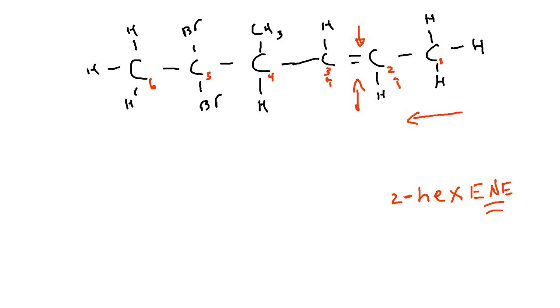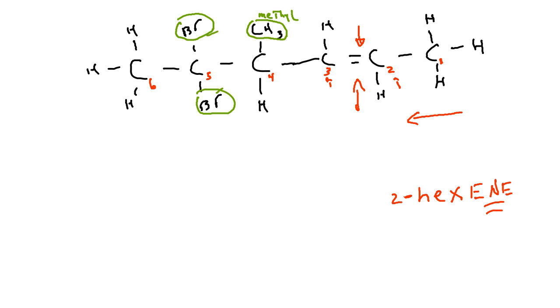We have the carbons numbered. Okay. So now we have our additions. There's a bromine. And CH3, remember, is a methyl. So bromine comes first, B comes before M. And where are the bromines? Well, there's a bromine on 5 and a bromine on carbon 5.